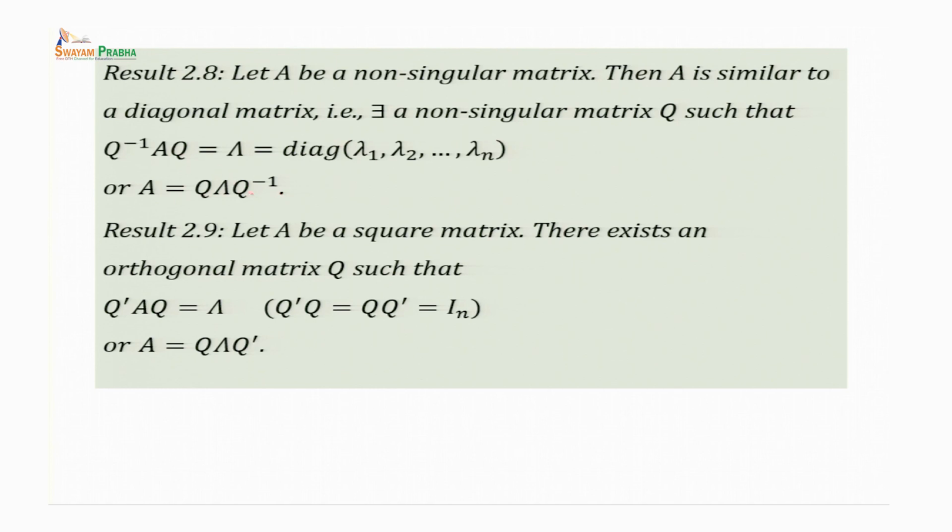Well, I am not going to prove this result. Then the next result is, suppose A is a square matrix, then there exists an orthogonal matrix Q such that Q transpose A Q is equal to lambda, or A is equal to Q lambda Q transpose.